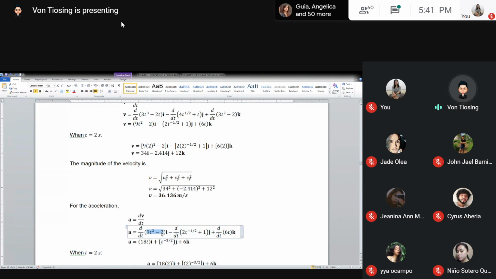So 9t squared minus 2, ito yung x component ng velocity function, magiging 18t. This one magiging 2 times negative 1/2, so negative 1 na yun. So t raised to negative 1/2 minus 1 is negative 3/2. So may negative dito, negative 1 na to, so magiging positive na siya. And then the derivative of 6t is 6.